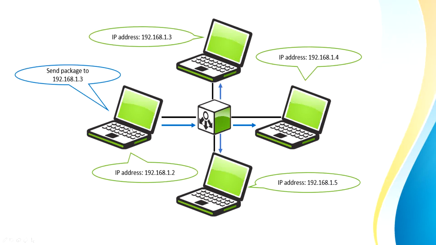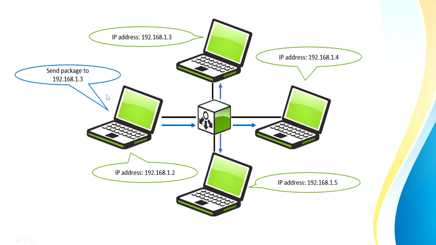So now if this machine wants to talk to this machine, what is this machine's IP address? 192.168.1.2, and this machine's address is 192.168.1.3. So now whenever this machine wants to send some data or a packet to this machine, it will do so with the help of the IP address.